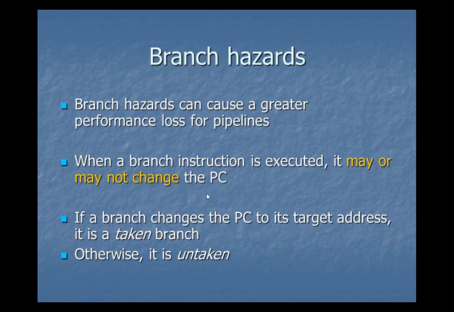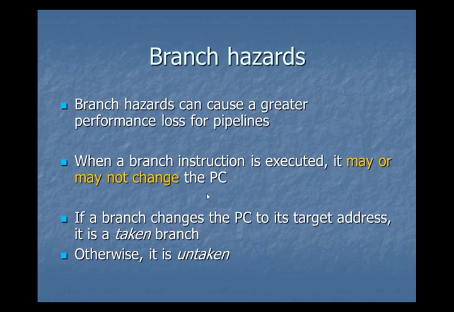When a branch instruction is executed, it may or may not change the PC. If a branch changes the PC to its target address, it is a taken branch, otherwise it is untaken.